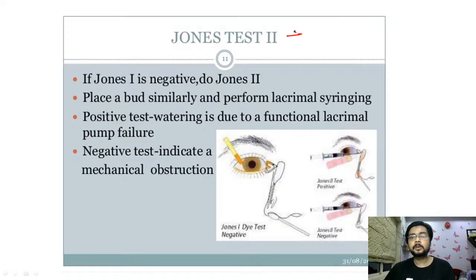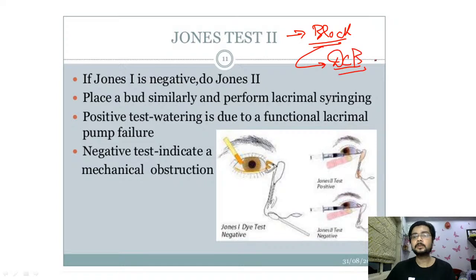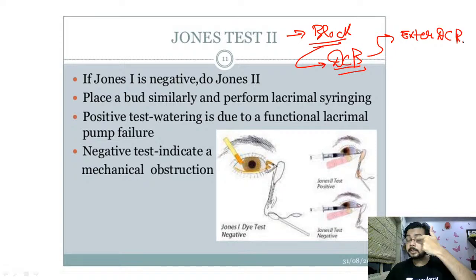Because if there is a block, you need to operate on the patient to relieve the symptom. You basically do dacryocystorhinostomy. So two procedures: one is by ophthalmology, the external DCR, which is done by giving an incision externally. And what we ENT surgeons do is endo DCR.